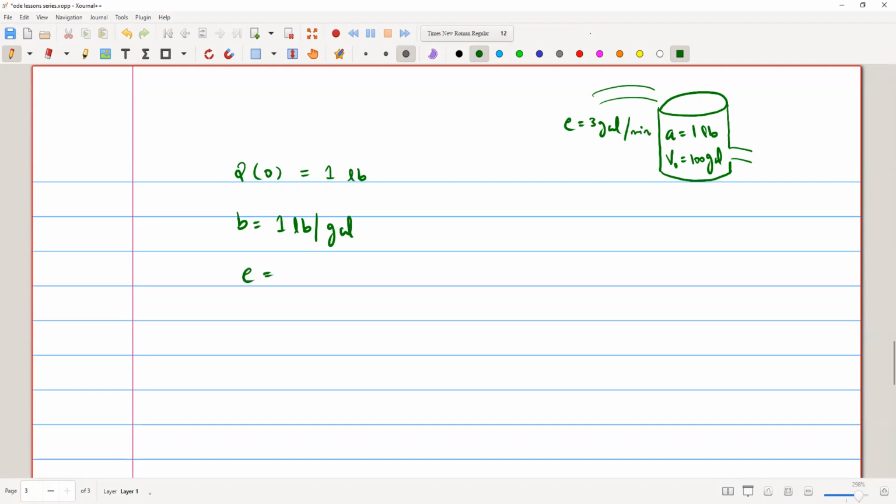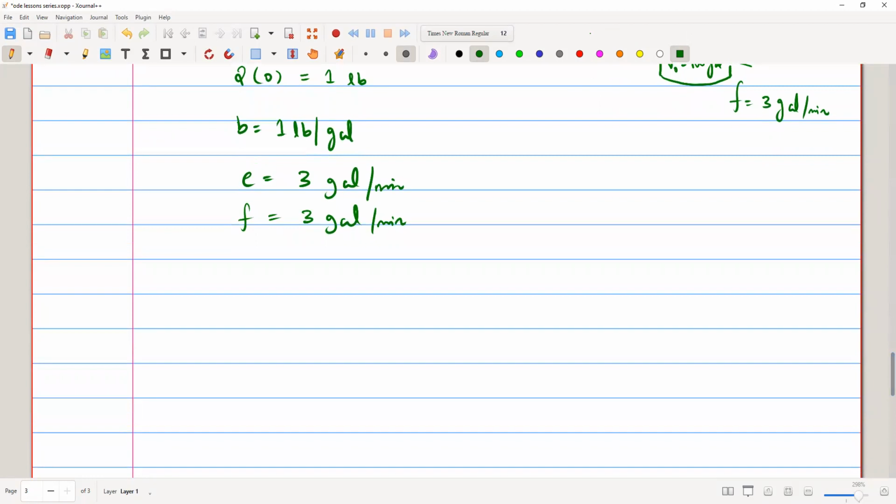So E is given, that is 3 gallons per minute. While the well-stirred mixture leaves the tank at the same rate, so the rate of exit is also the same, that is 3 gallons per minute. So F is 3 gallons per minute, right?